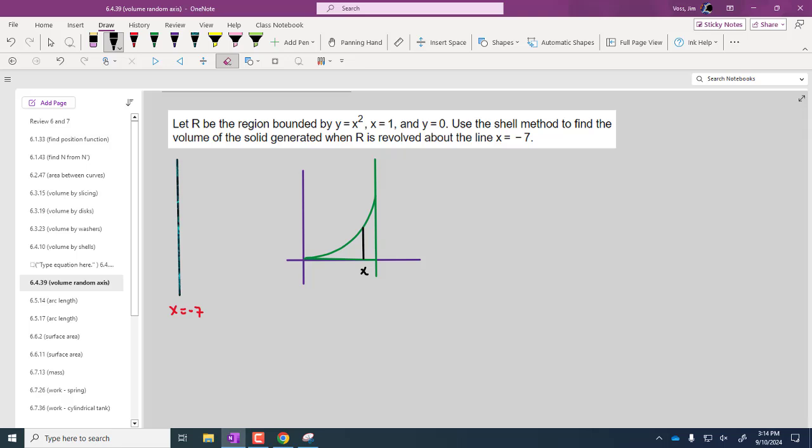We're going to integrate with respect to x. So we need to know a couple of things. We need to know the distance to the axis of rotation. That distance is called the radius. So there's the radius, and then the height of the cylinder is over here.